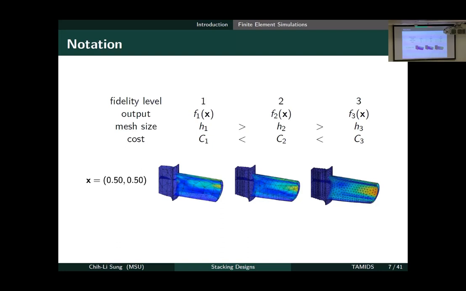The high fidelity has the smallest mesh size, but the low fidelity has the largest mesh size. The cost is denoted by C1, C2, and C3, and as you can imagine, the high fidelity has the highest cost. That's the only notation I need for this talk.